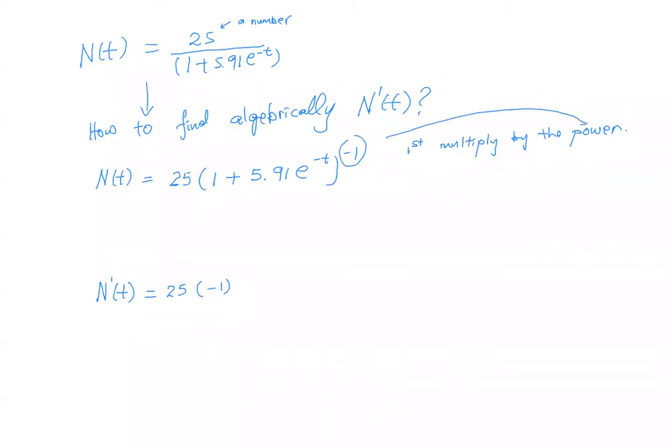Then second step, copy all. Third, power, take away 1, minus 1. So you memorize what you are doing.